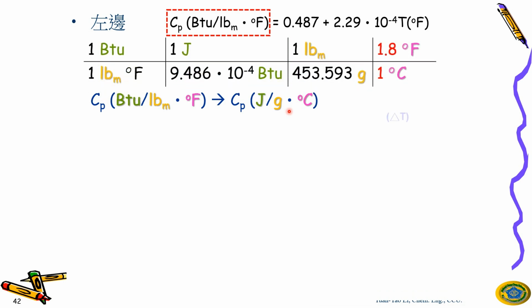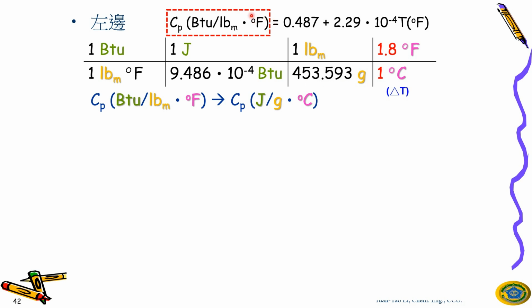What you need is to find a table and get the dimensional equation to change from BTU to joule. You know that the conversion factor is 1 joule equals 9.486 times 10 to the minus 4 BTU. You can find this in the table and change BTU to joule, and you can change from pound mass to gram. 1 pound mass equals 453.539 grams.